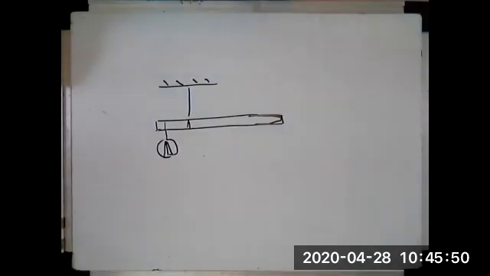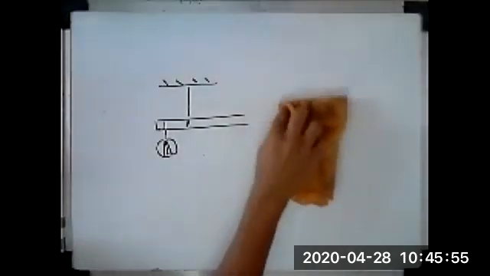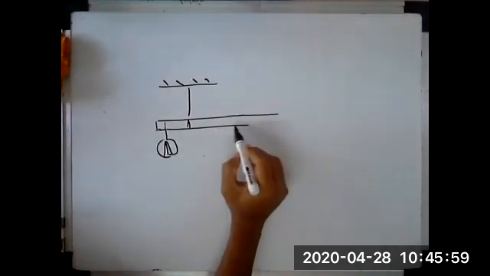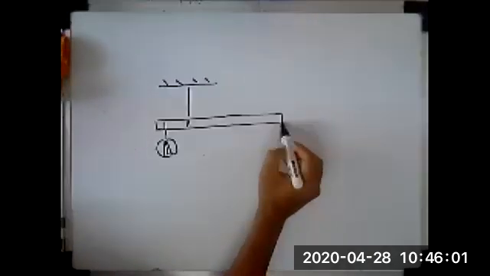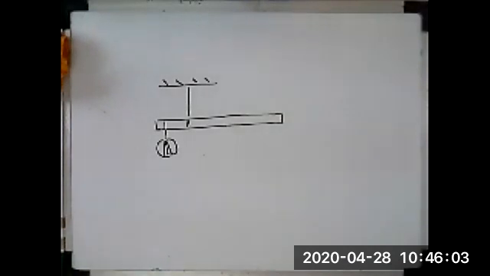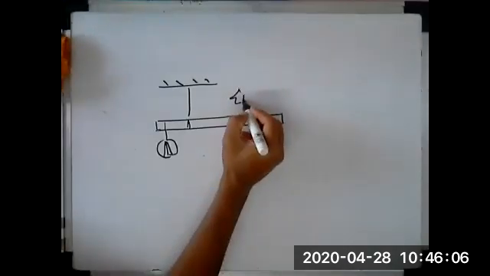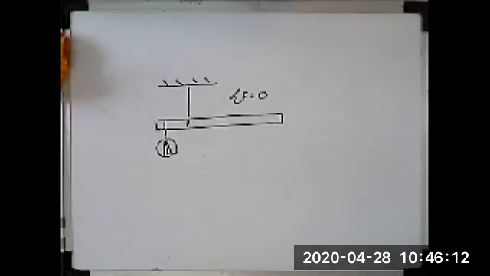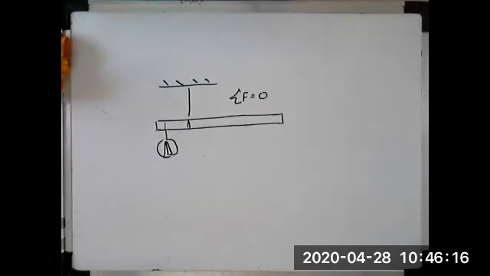And it's balanced in such a way that there is no object on the other side, but there is equilibrium, static equilibrium. Okay, so the question is, how come there is static equilibrium?